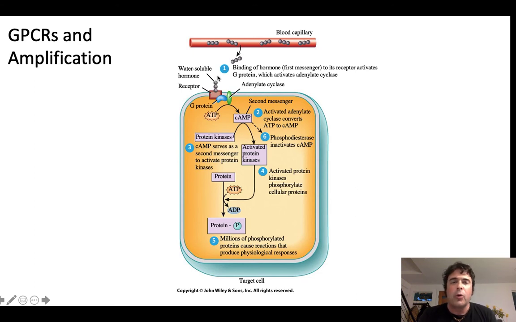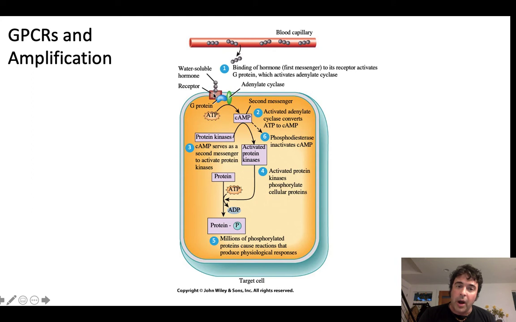We'll think of protein hormones, or peptide hormones, as being water-soluble hormones. So you have these peptide, aka protein hormones, and they bind to this G-protein-coupled receptor. This receptor is linked to another protein called the G protein. That's why it's called a G-protein-coupled receptor.